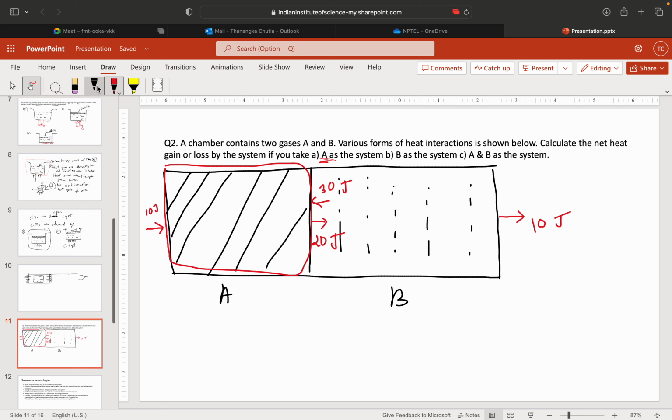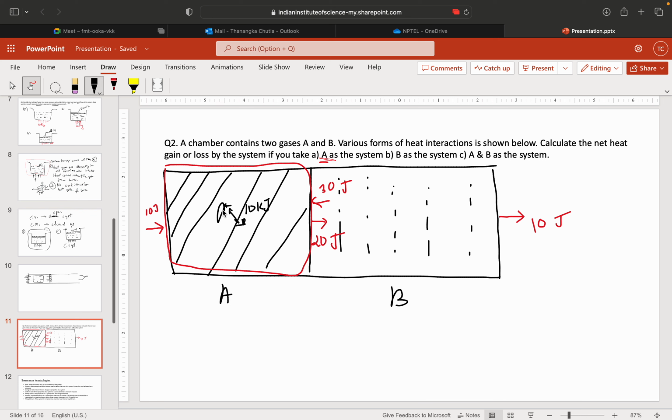Suppose I would have given you another tricky question, that inside there is a heat source, and there is a point A and another point B, and from A to B there is some heat interaction taking place, say 10 kilojoule. This is an imaginary number, and they will ask you what is the heat transferred into the system A, considering the system as A.